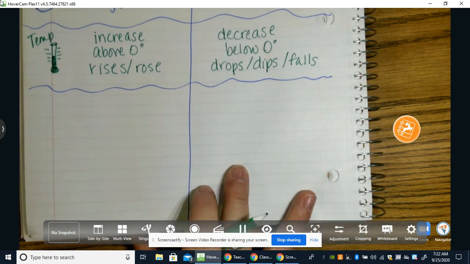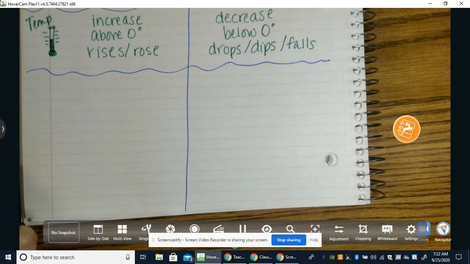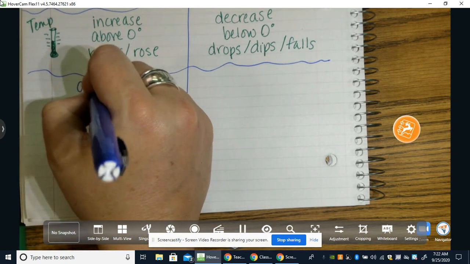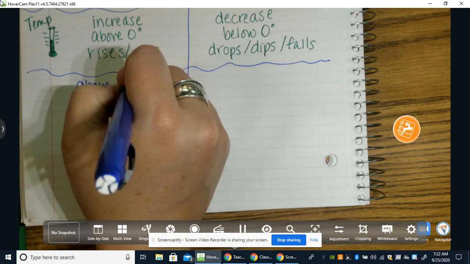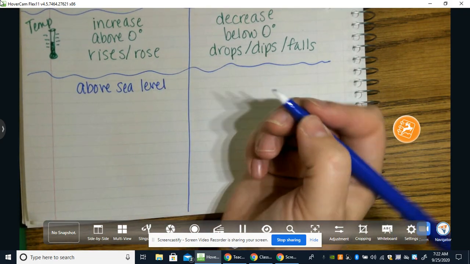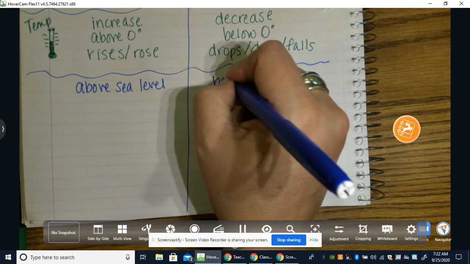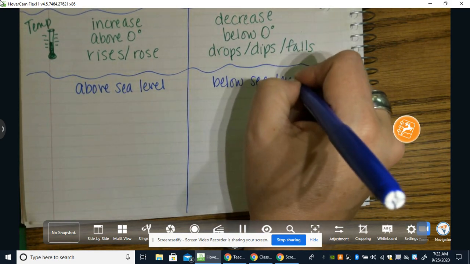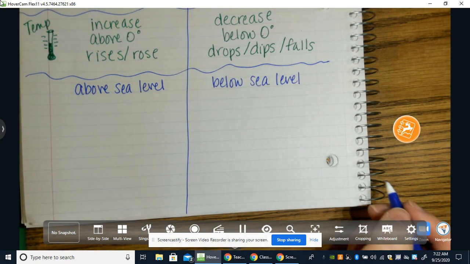Okay, our next one has to deal with kind of outdoorsy stuff. So if you're climbing and we're talking above sea level, that would be a positive integer. Its counterpart would be below sea level. That would be a negative integer.